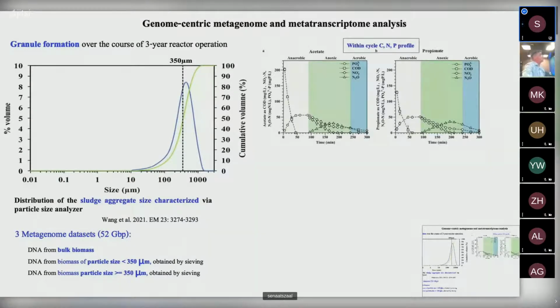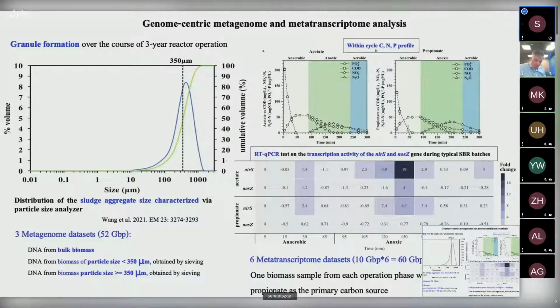According to within-cycle carbon, nitrogen, and phosphorus profiles, and a qPCR test on transcription activity of the core denitrification genes in the system, sludge collected during the anaerobic phase, anoxic phase, and aerobic polishing phase was subjected to metatranscriptome sequencing.